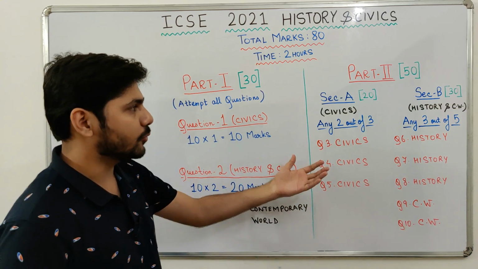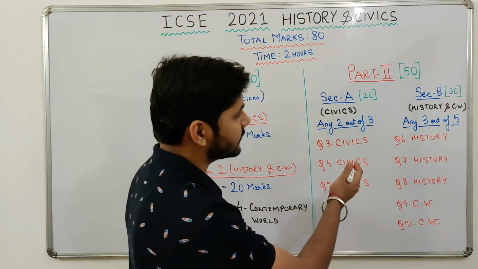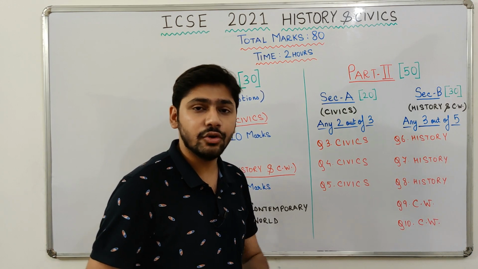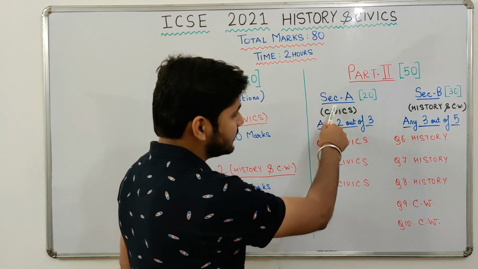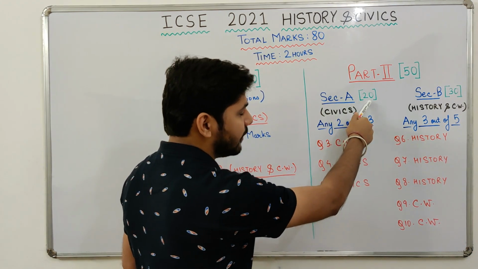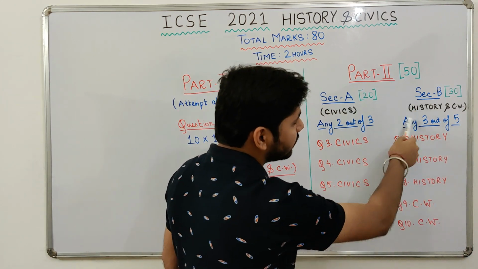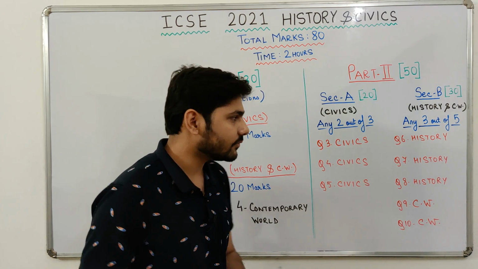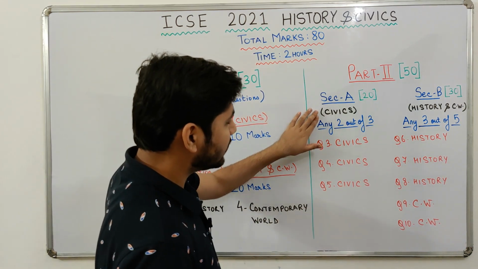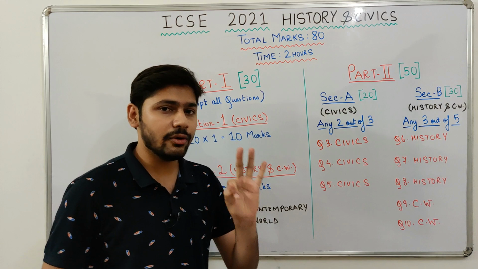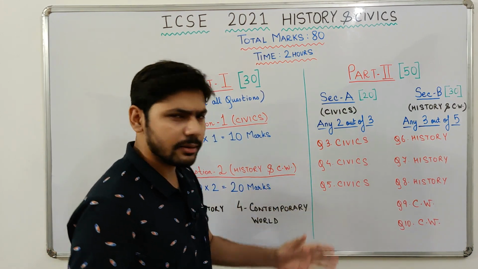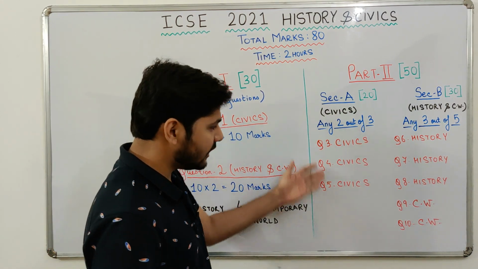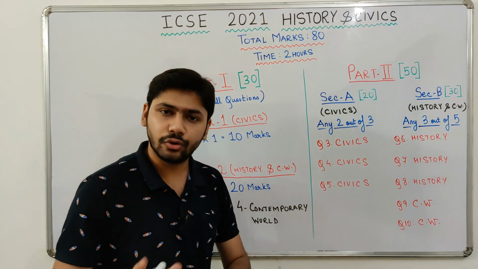Moving on to part 2. Part 2, 50 marks. Part 2 is divided into 2 sections. Section A for Civics, which is of 20 marks, and Section B for History and Contemporary World, which is of 30 marks. Now, in Section A for Civics, you will get 3 questions. All the 3 questions will be from Civics. Out of these 3 questions, you will have to attempt any 2.